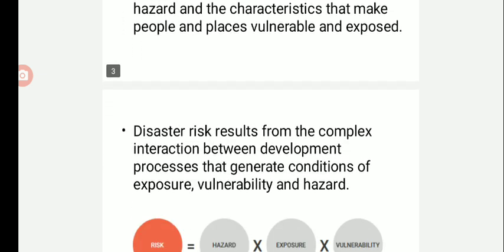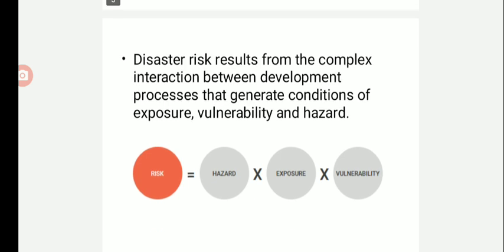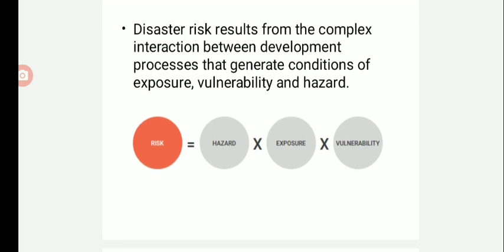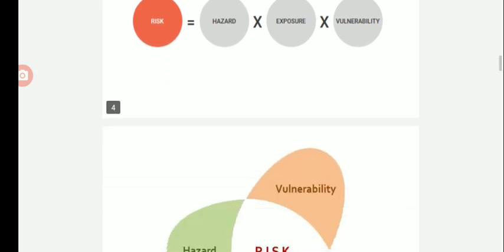Disaster risk results from complex interaction between development and processes that generate conditions of exposure, vulnerability and hazard. These three things, hazard, exposure and vulnerability, added together equal risk. This is commonly called disaster risk.